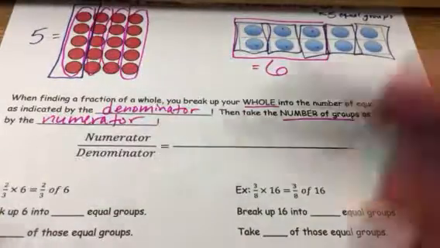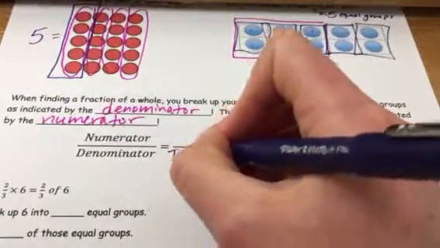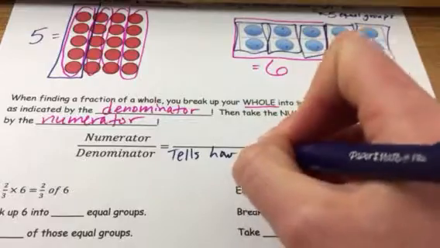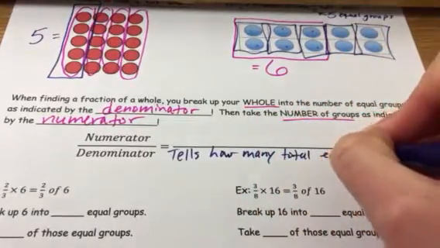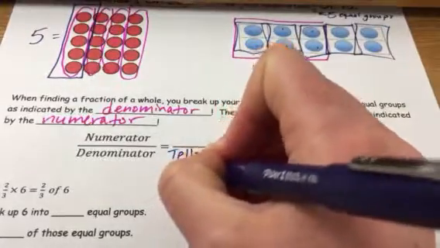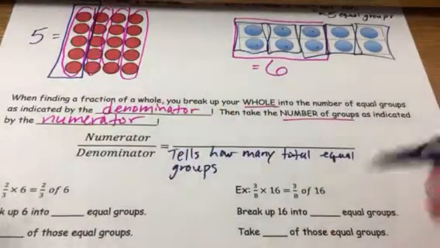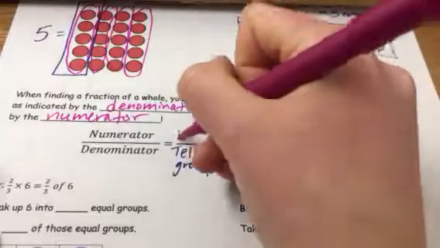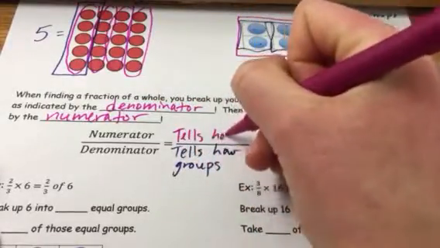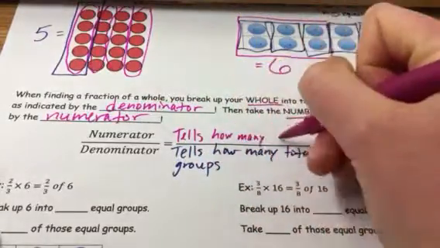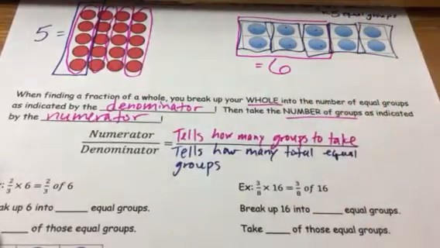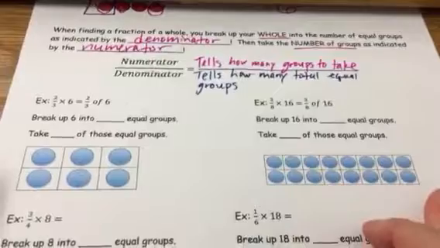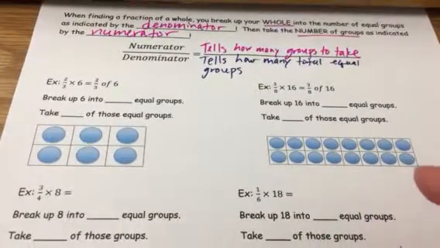So again, the denominator tells you how many total equal groups to split it up in. And then the numerator tells you how many groups to take. Okay, so we're going to do this step by step and create visual models of what it means to take portions of whole numbers.